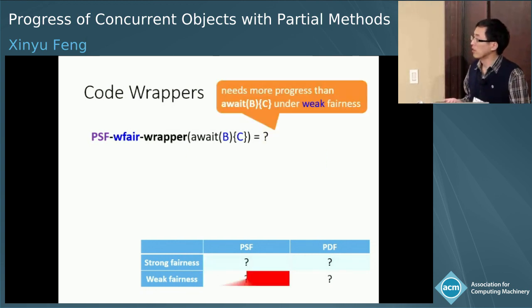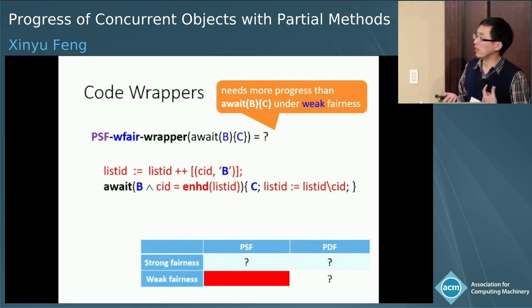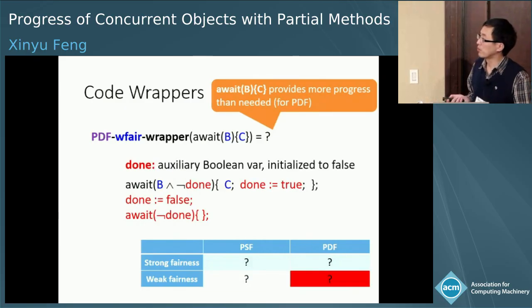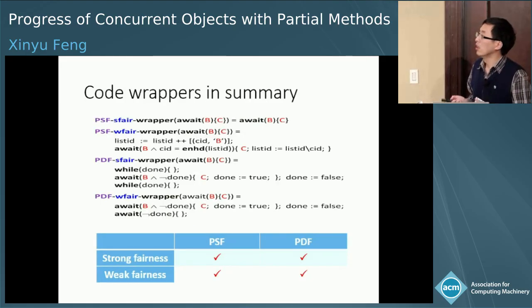And for this corner, we probably need to add more progress by introducing a waiting queue. And this is probably a tricky one. Actually here, an await block provides more progress than needed. Then we need to add some delay mechanism, add more interference.